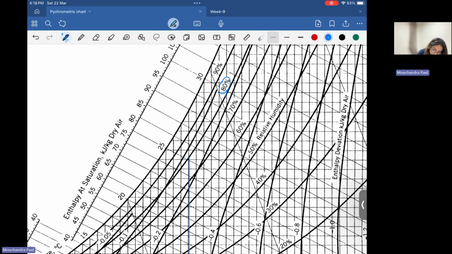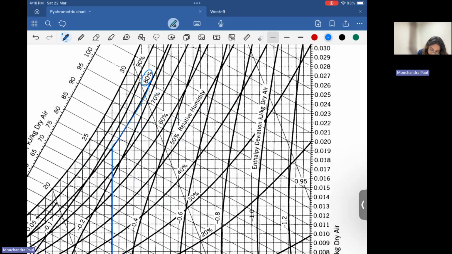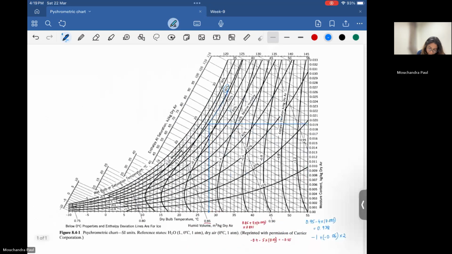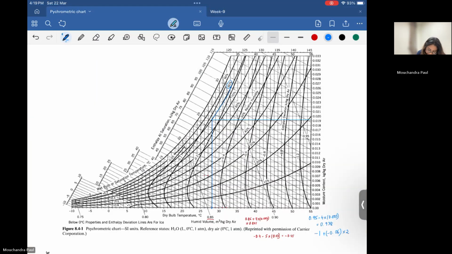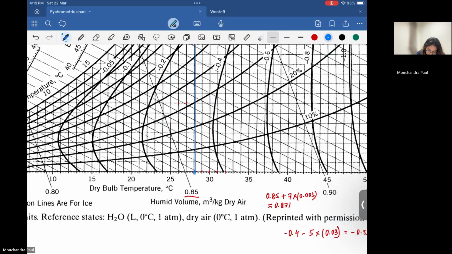This is 80%. The absolute humidity at this point is close to... okay, sorry.